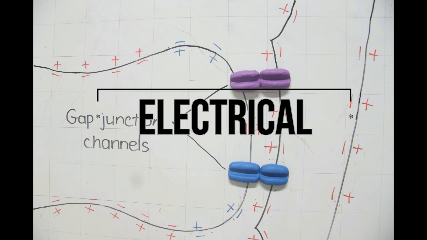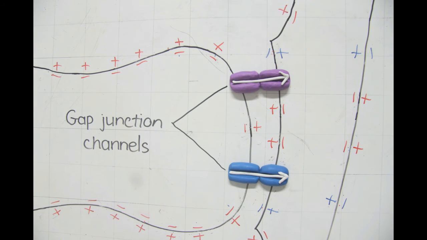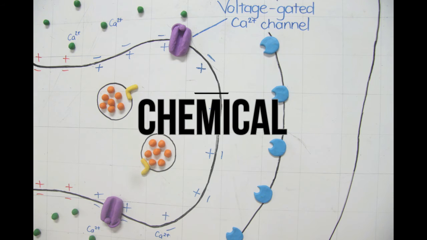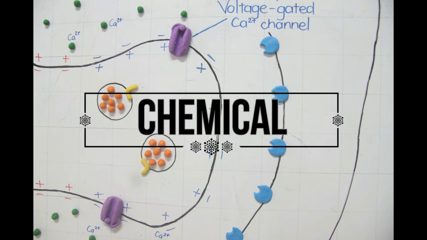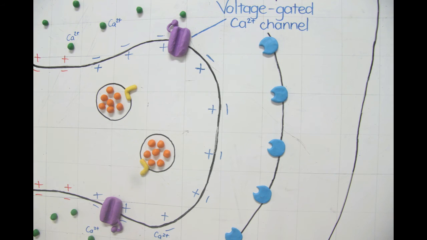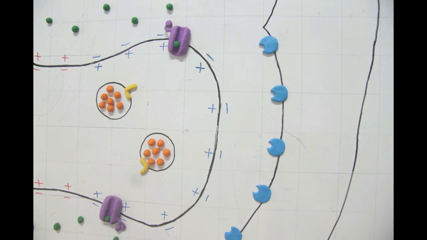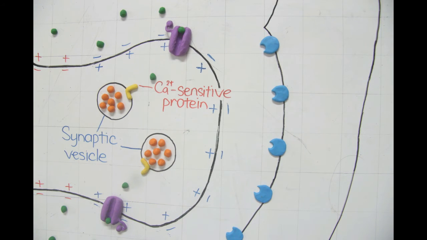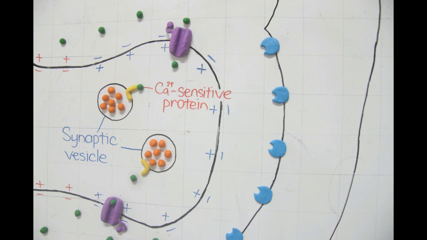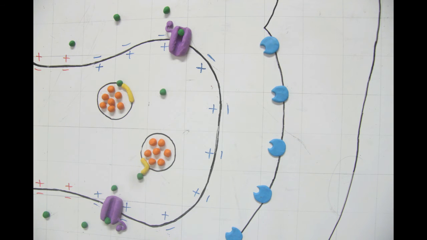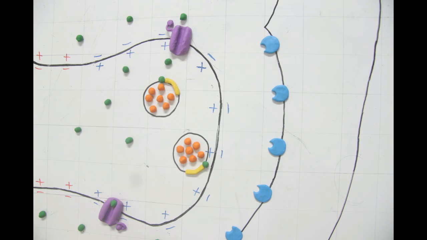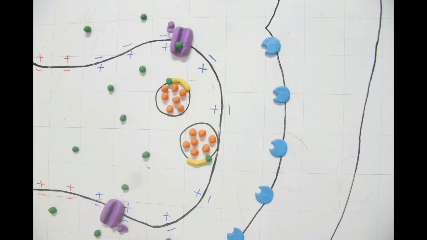If the synapse is electrical, the impulse passes through normally. On the other hand, if the synapse is chemical, the voltage-gated calcium channels open, which allows calcium ions to flow into the cell. They activate and change the shape of calcium-sensitive proteins attached to vesicles that contain neurotransmitters.